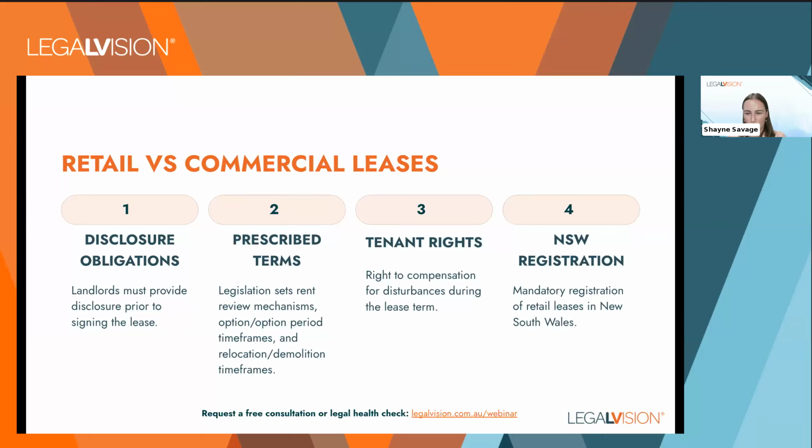Landlords may also be required to pay reasonable compensation to a retail tenant for their loss and damage if suffered in relation to disruptions of the tenant's trade, such as restricted access to the shop, changes to flow of customers in the retail shopping center.